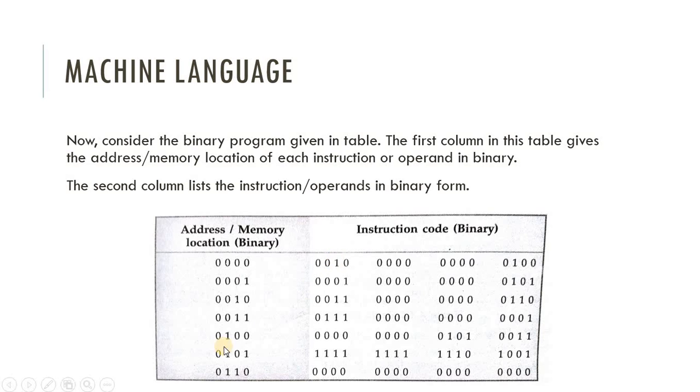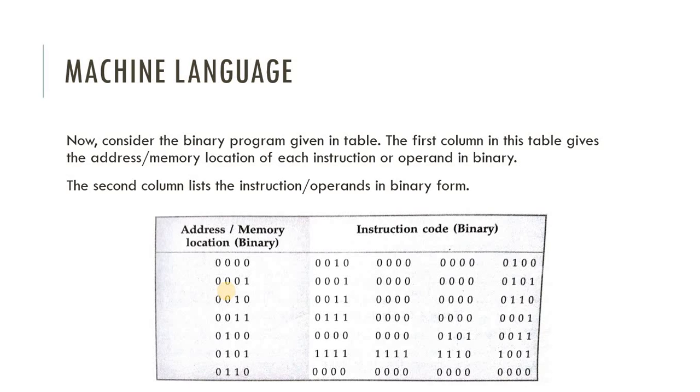Let's assume this is the memory location where our operand will be stored. This, 00000001, is the memory address, and the instruction code means, suppose we are telling the computer to add these two numbers. For that, the instruction is something like this in binary format.